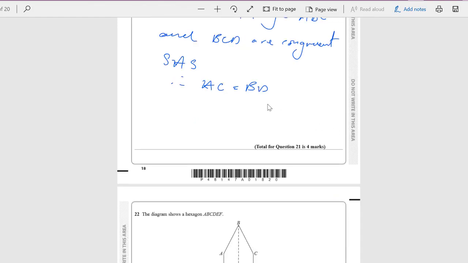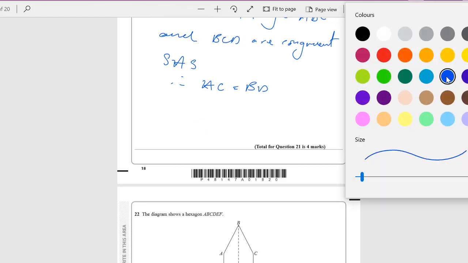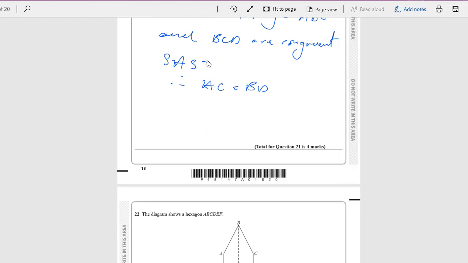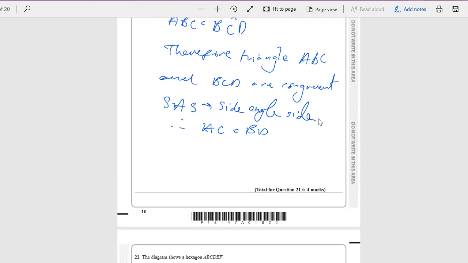And this just means that, if you remember from before, that SAS refers to side, angle, side. Okay, and where we have a side, angle, side, it means that you have two triangles where we know two sides and an equal angle.